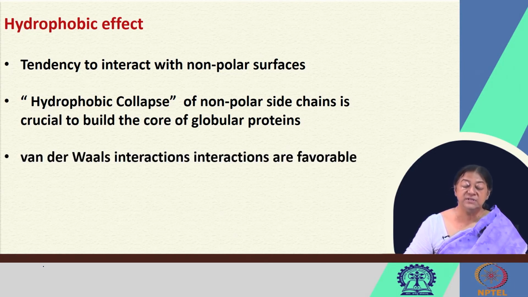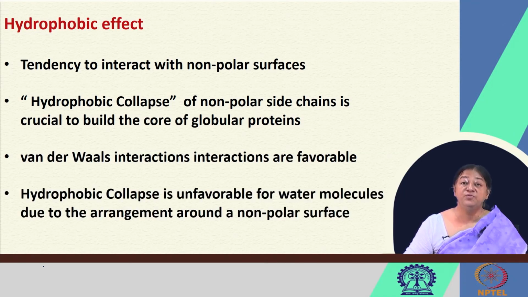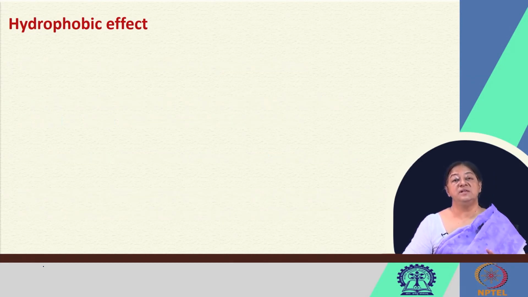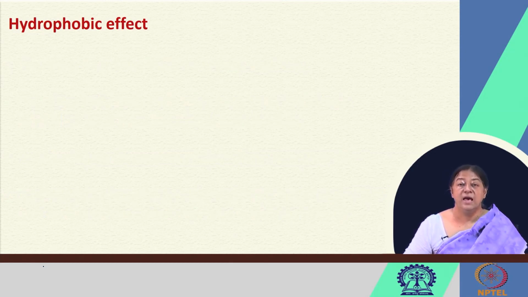Because the van der Waals interactions that we see are favorable, but nevertheless the hydrophobic collapse is unfavorable for water molecules because they have to arrange themselves around the non-polar surface. But we have to remember that we are looking at amides here. Each peptide bond is an amide bond that is linked by a C=O and an NH. So, this can actually interact with the water.